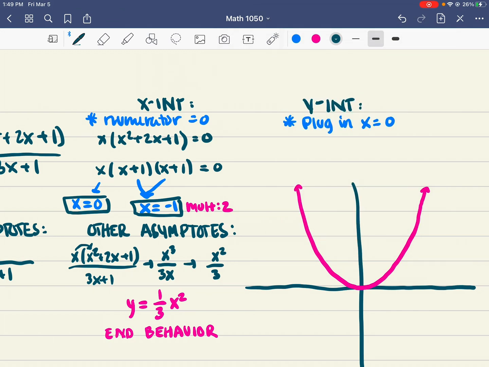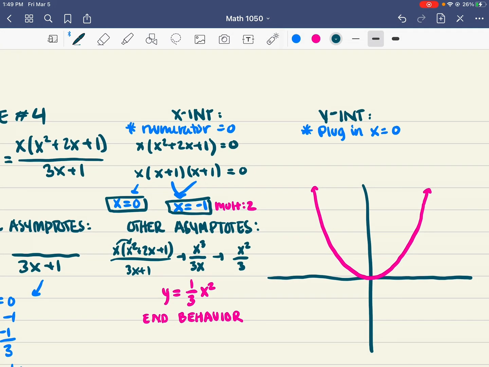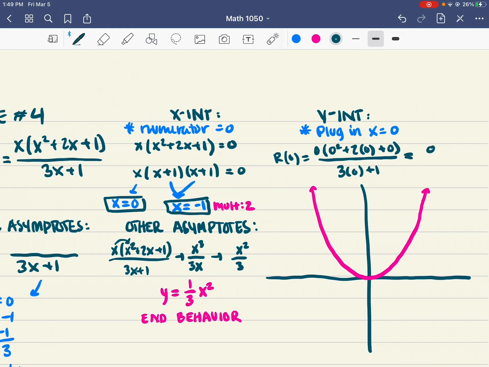And then y-intercepts, we just plug in 0 into our function. The numerator ends up being just 2 times 0. It does 0 because it's all multiplied by 0, but I'm going to write it out for all of our sakes.